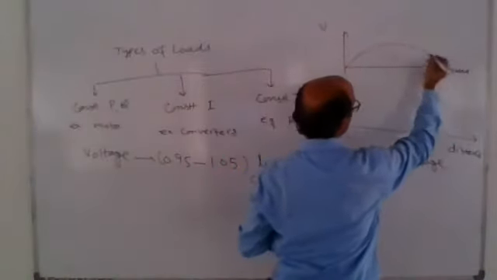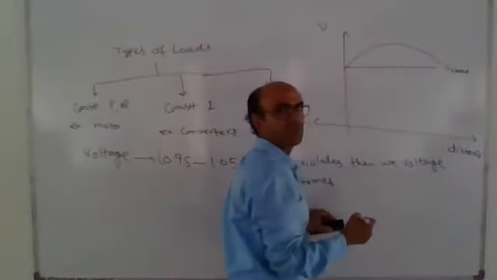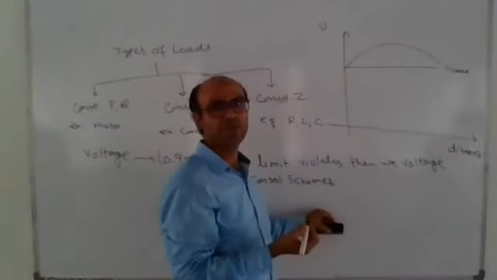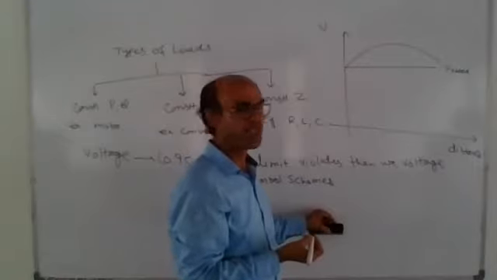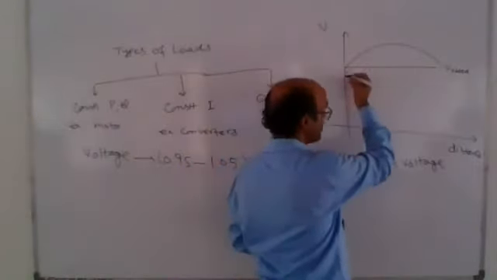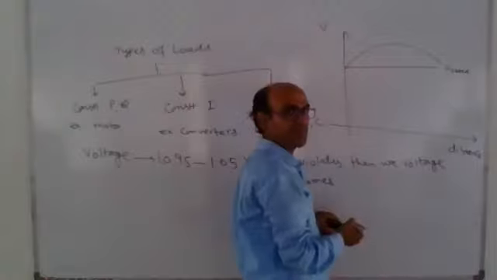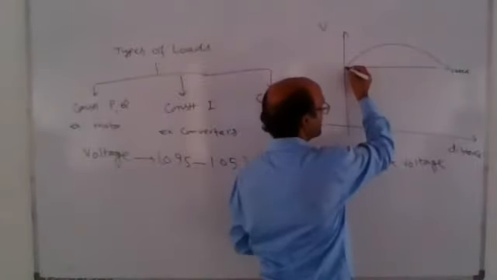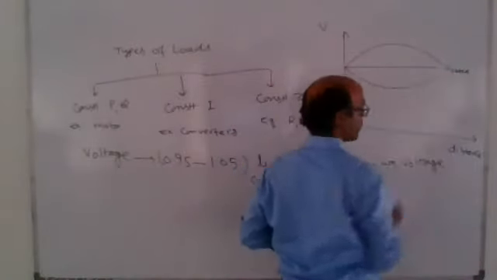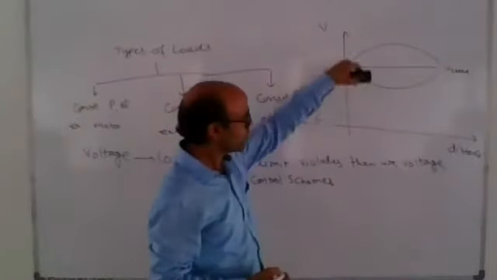You can see this kind of voltage profile. If there is a dominant inductive effect in the transmission line, then voltage is going to dip. Voltage is going to reduce.